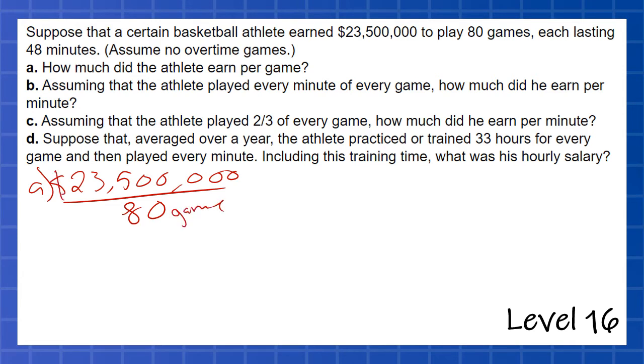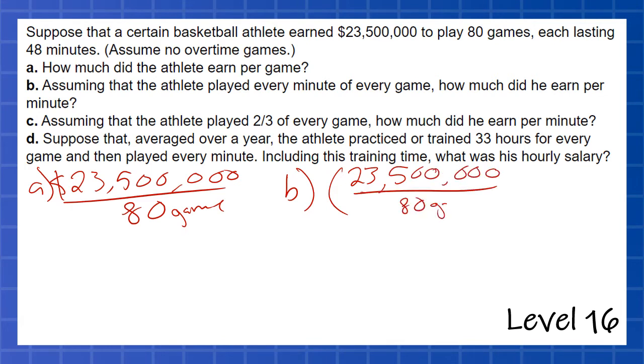However, the athlete might say, whoa, it's not quite that simple, because I played every minute of those games. And so we might say, okay, if that's how much they made per game, then we take that and divide that by 48, because that's how much they made per minute. But some athletes don't even play the whole game.